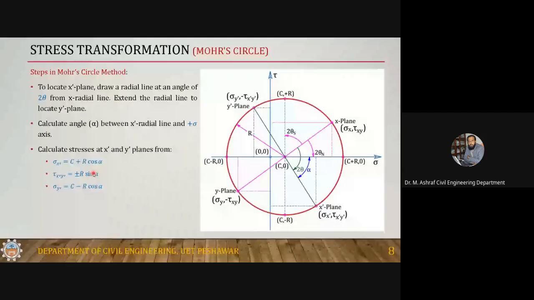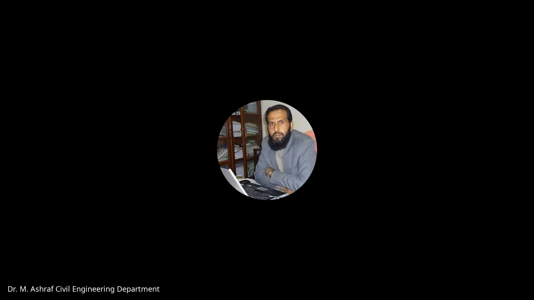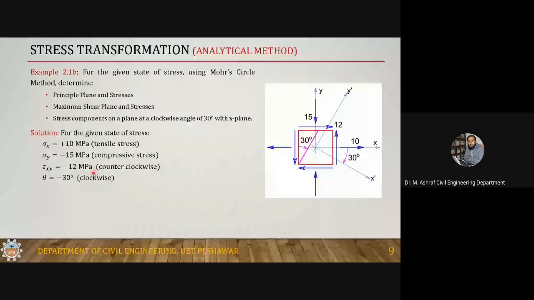Now let's do this example. Example 2.1b. We already talked about example 2.1. This is the same example, but also in combination with 2.2, a combination of both of them. We solved it analytically, and now we are going to solve it using Mohr's circle.